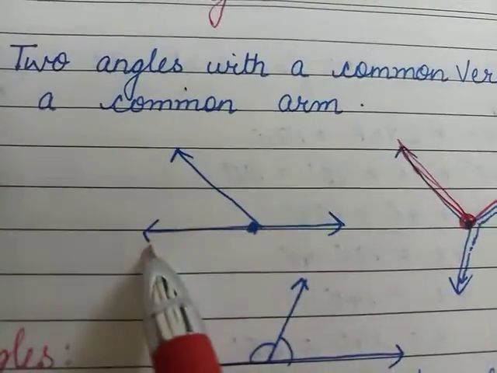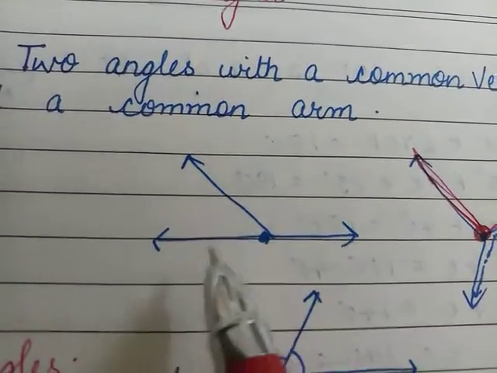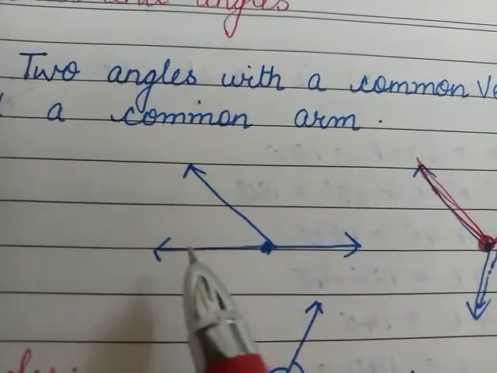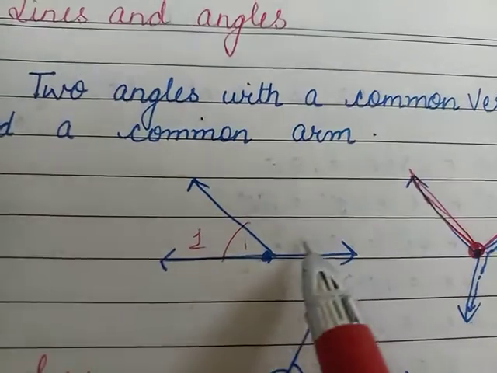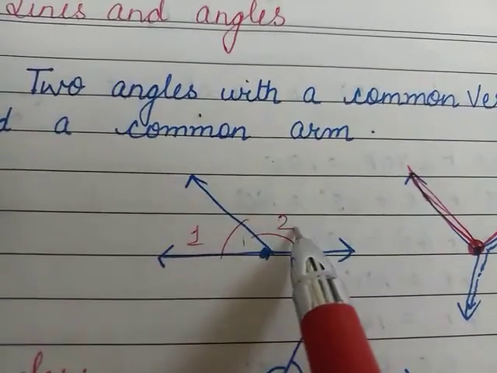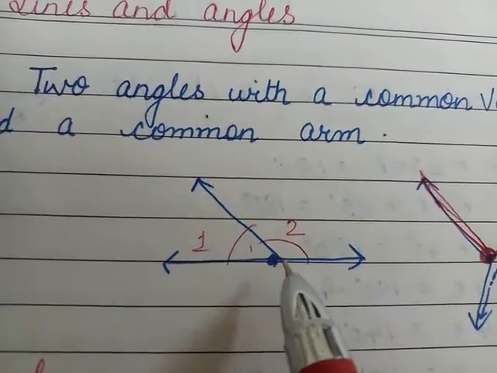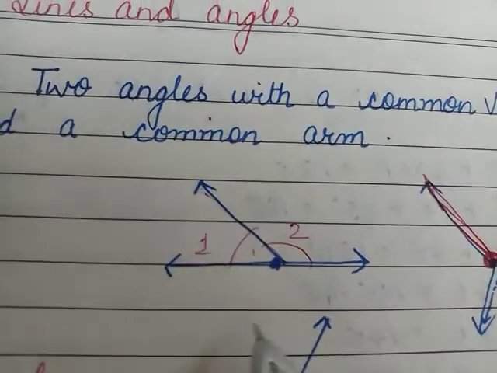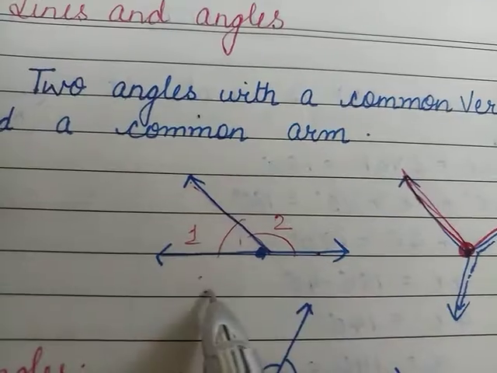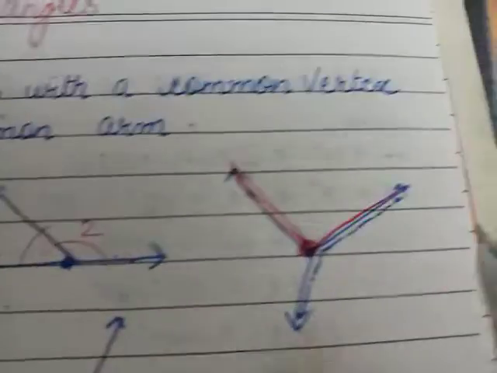This is another type of adjacent angle. This is the common vertex for both the angles. Suppose this is angle 1 and angle 2. This is the common vertex and the two have a common arm. This side is common to both. So these two are also adjacent angles.